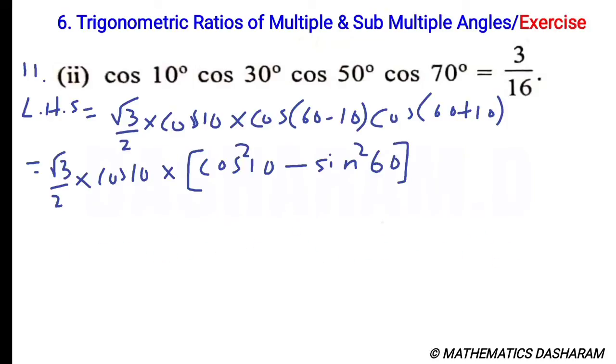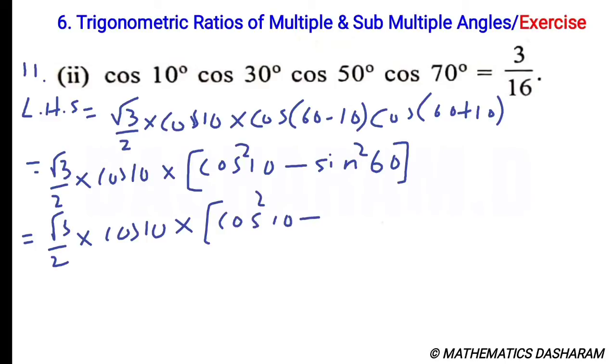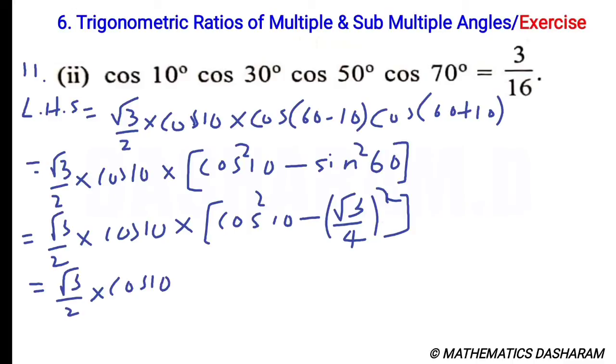So next, root 3 by 2 into cos 10 degrees into cos square 10 minus sin square 60, so that is root 3 by 2 whole square. So it is equal to root 3 by 2 into cos 10 into cos square 10 minus root 3 by 2 whole square.